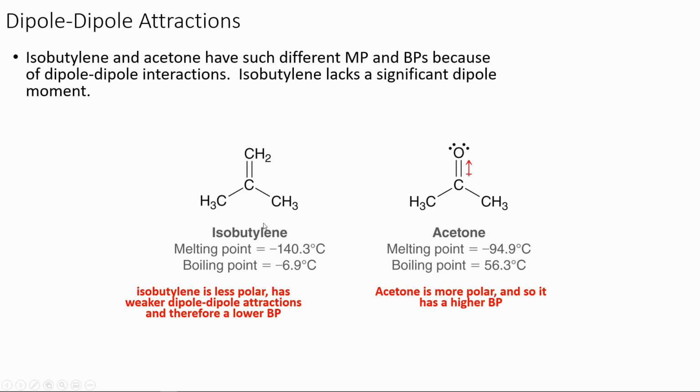You could see isobutylene, all carbons and hydrogens, so we have no dipole moments in this molecule. It's going to boil at -7 degrees Celsius, so that's far below room temperature. That's below freezing even. And acetone is going to boil at 56.3 degrees Celsius. The molecular weight difference between these molecules is almost none.